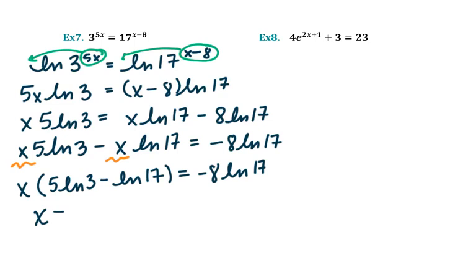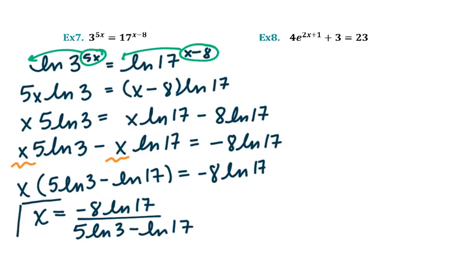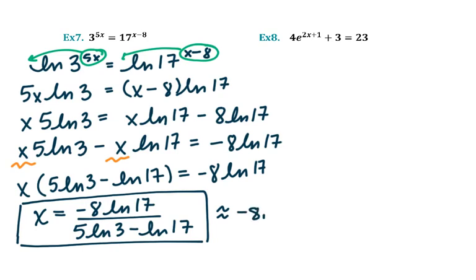I end up with x equals negative 8 ln 17 divided by 5 ln 3 minus the natural log of 17. And this is my exact answer. And if we were to type that into our calculator, we would end up with approximately negative 8.521.